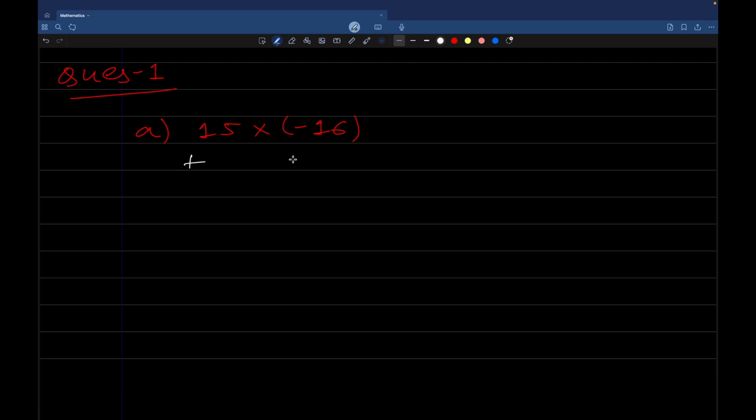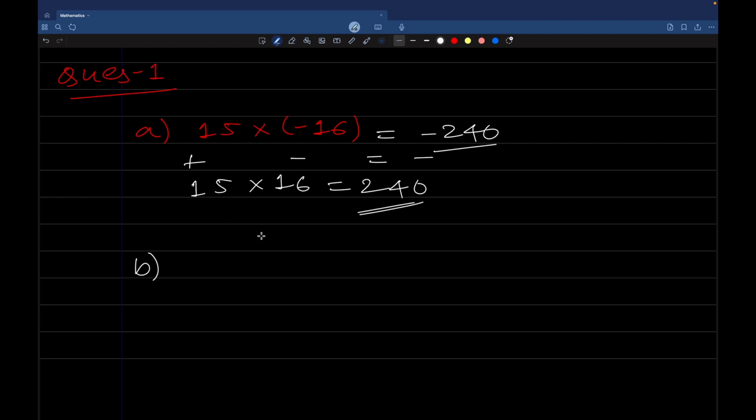One sign is positive, another is negative, so plus into minus is minus. 15 into 16 is 240, so we have answer minus 240.